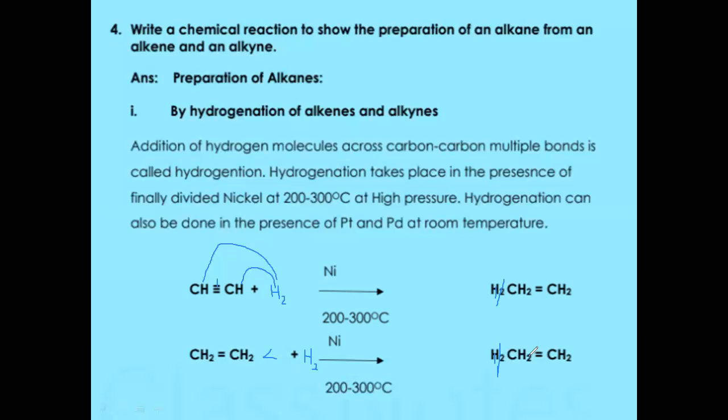This will be ethane having CH3, single bond, not double bond, CH3. So CH3 single bond CH3, that is ethane. Ethyne is converted into ethene, and ethene after hydrogenation is converted into ethane. So CH3-CH3 will form.